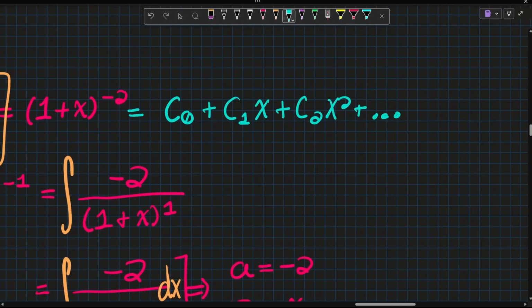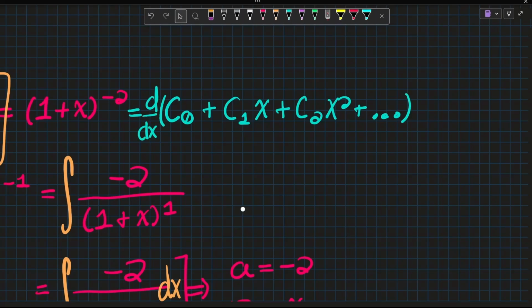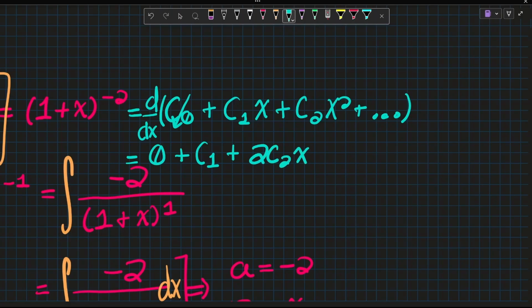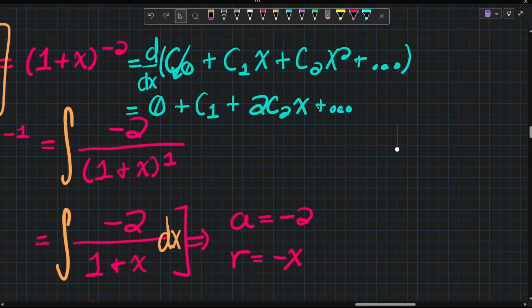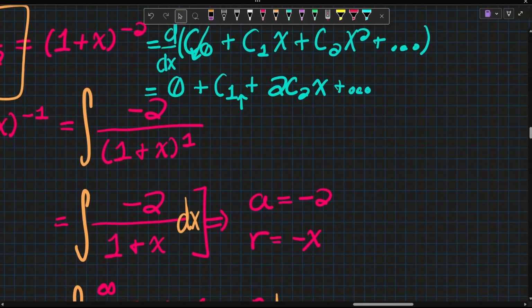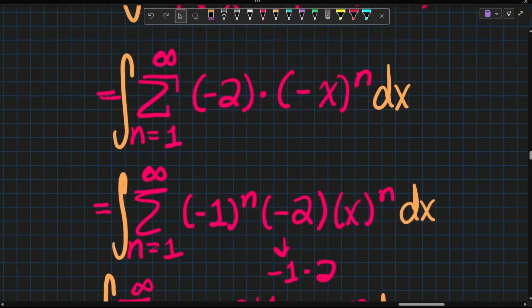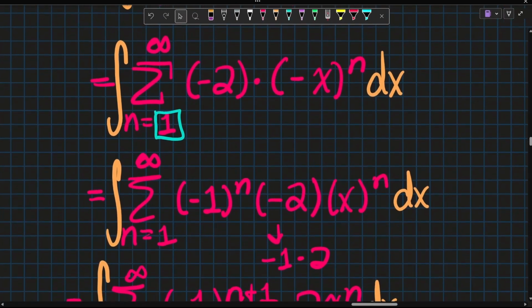But of course, if we were to differentiate this, so d over dx of this entire thing, the first term would become 0, so this becomes 0 plus c1 plus 2 c2 x plus so on, right? So you can automatically see that since this first term has no x, and really doesn't exist in the derivative, your summation should start one term later. And that's kind of where it goes from.